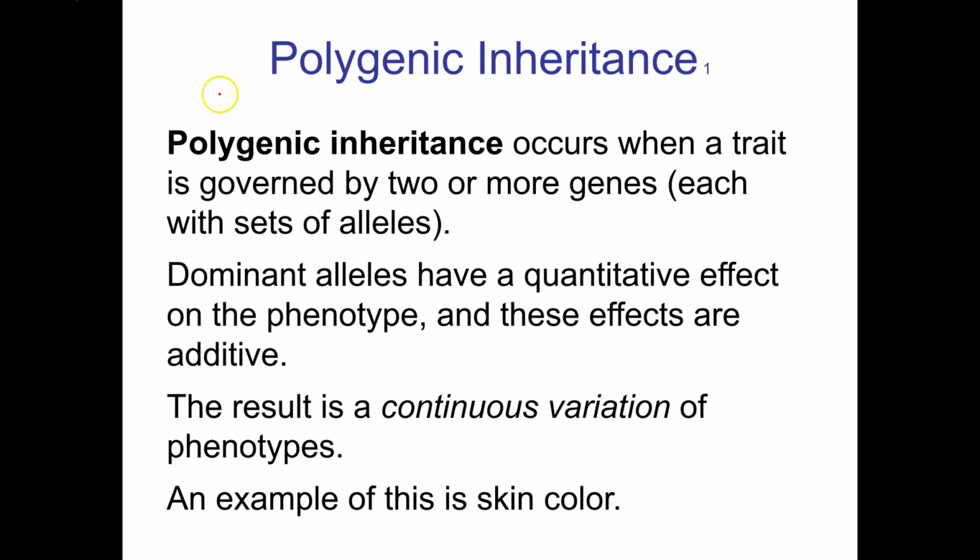If you have A's and B's and C's, for example, and you have all dominants, they're going to add up and produce a different characteristic or a different phenotype than someone who has maybe A, B, B, C, C, because now we only have 2 alleles that are dominant.